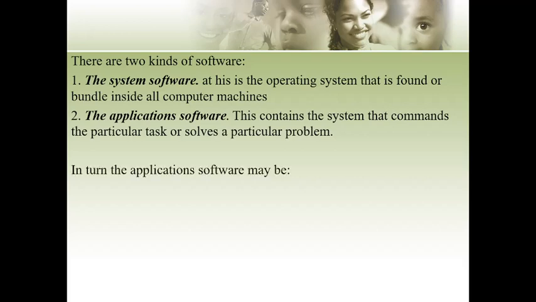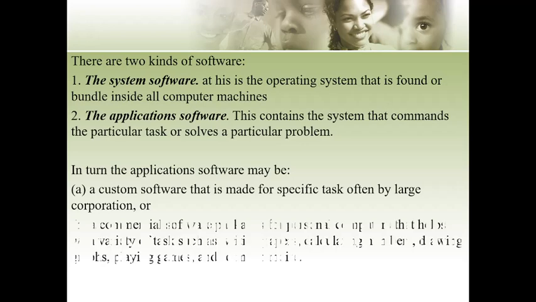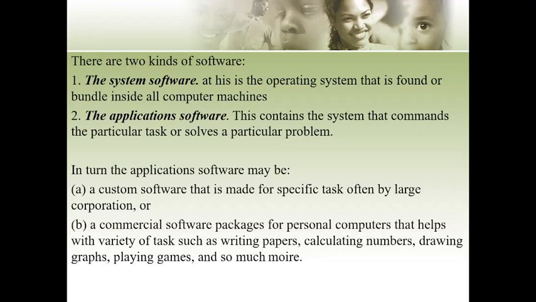In turn, the application software may be a custom software that is made for a specific task, often by a large corporation, or a commercial software package for personal computers that helps with a variety of tasks such as writing papers, calculating numbers, drawing graphs, playing games, and so much more.